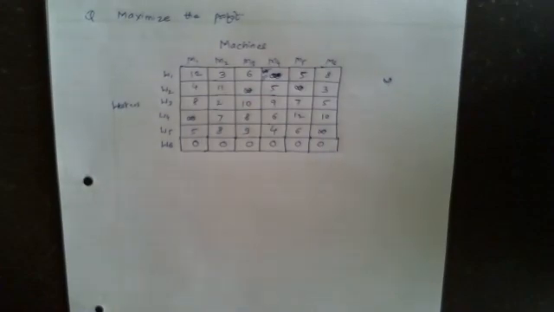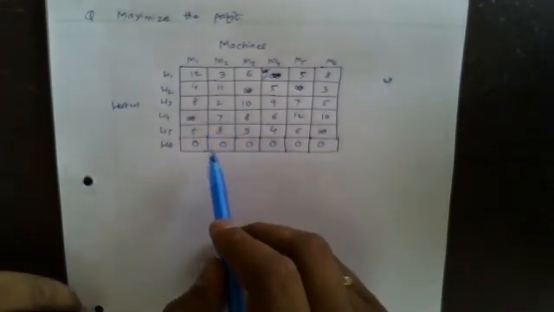Now, what is the highest value in the given matrix? I think it is 12. 12 is the highest value. So what we have to do is just subtract all other values from that given highest value.